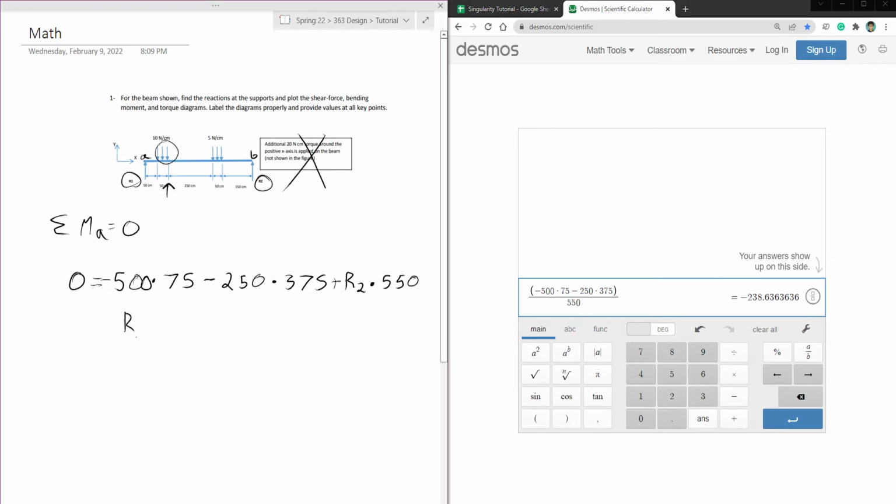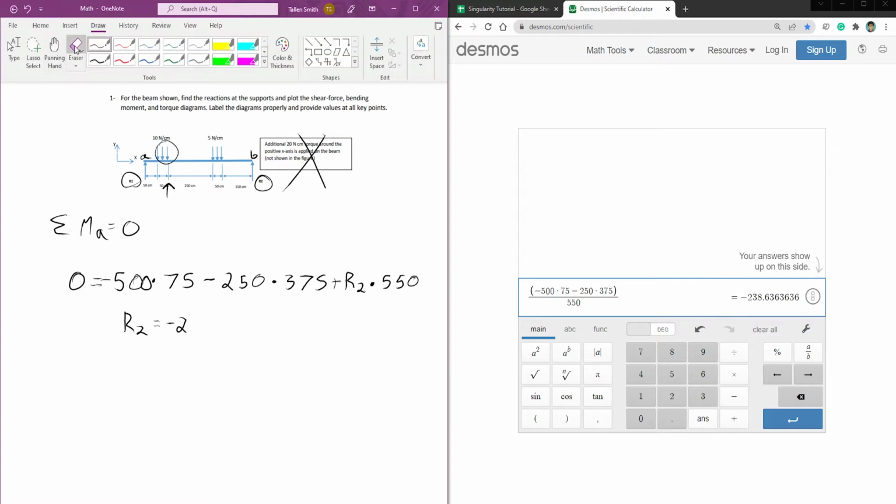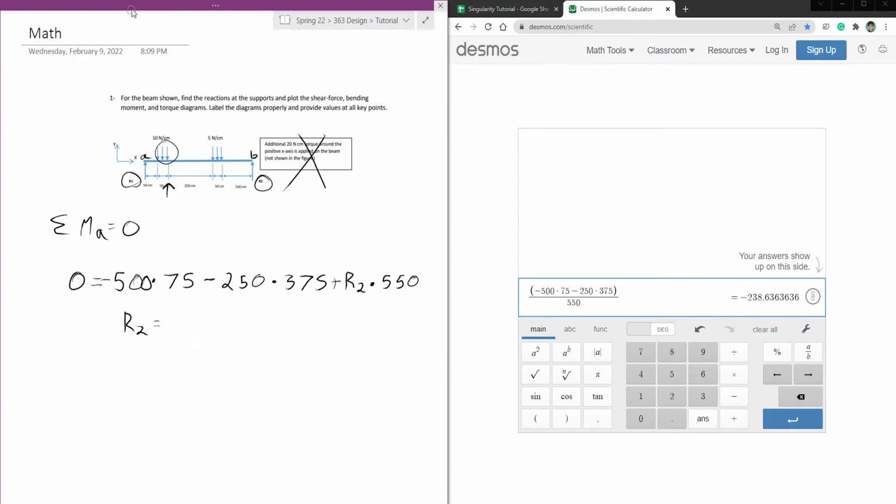So R2 is equal to positive 238.6, and that is in newtons.